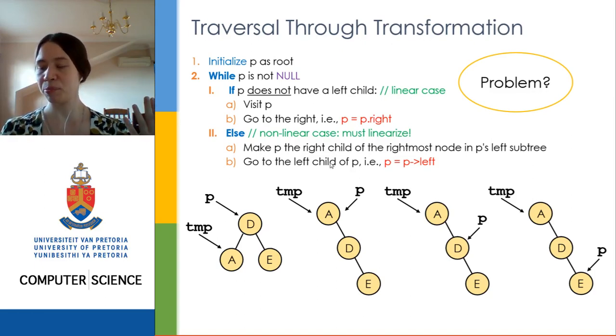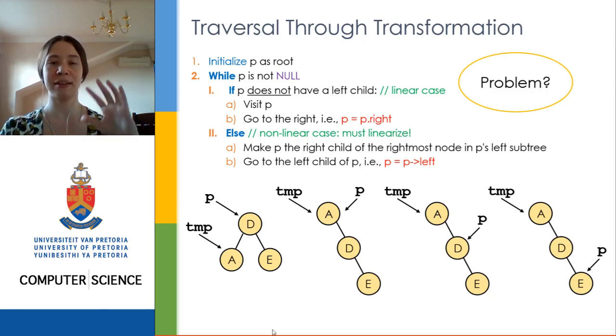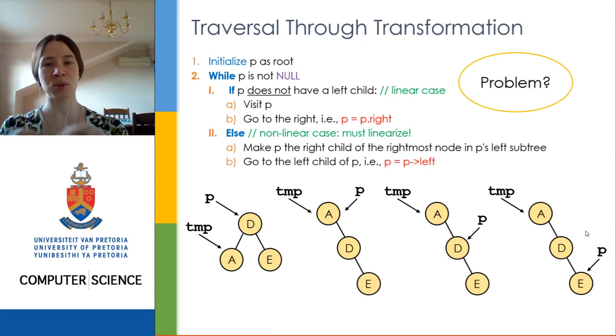However, there is still a problem with this current algorithm: we totally wreck the tree in the process. We started with this nicely balanced tree where the length of the right branch was exactly the same as the length of the left branch, but by linearizing it, we've stretched it out into one massive linked list, and that is obviously not a great idea because this tree would not be efficient for search purposes anymore.